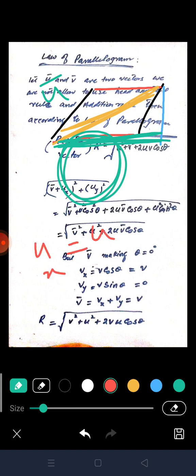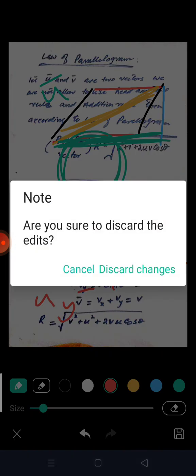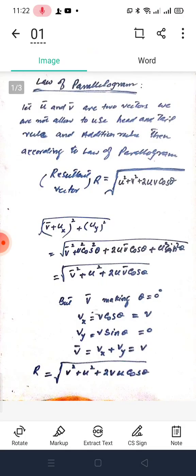This is vector u, this is vector v and this is the resultant. So this line contains the vector v, and this small part contains the vector ux, and this small part contains the vector uy.